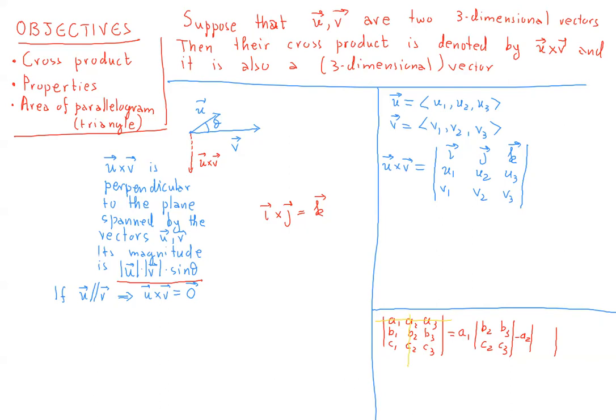And you will realize that you get B1, B3, C1, C3. And finally, you will do plus, and you will again have to visualize what happens if you delete the first row and the third column.